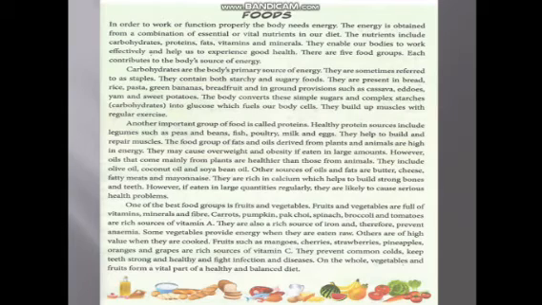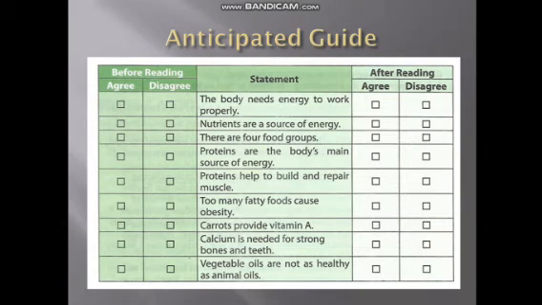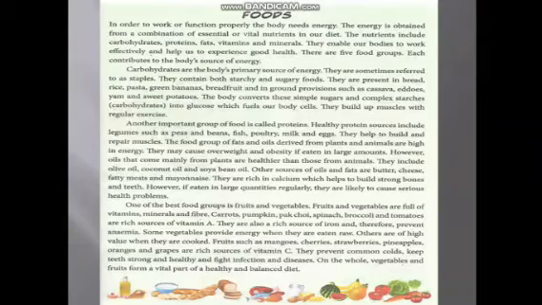However, oils that come mainly from plants are healthier than those from animals. They include olive oil, coconut oil, and soybean oil. Other sources of oils and fats are butter, cheese, fatty meats, and mayonnaise. They are rich in calcium, which helps to build strong bones and teeth. However, if eaten in large quantities regularly, they are likely to cause serious health problems. Let me go back to the question. Calcium provides vitamin A. That's what we're looking for, if it's actually correct.